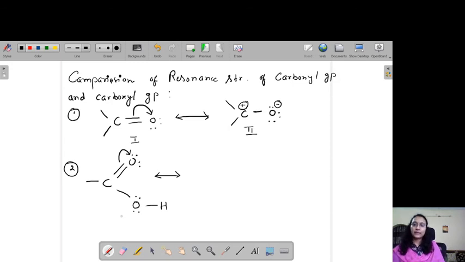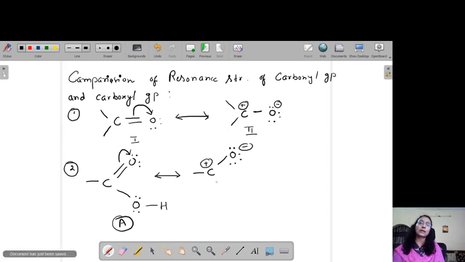This we can call structure A. The second, that is structure B, because of the shifting there will be a partial negative charge over the head of the oxygen, and there will be development of partial positive charge on the carbon. This oxygen will carry 2 lone pairs of electrons, which in turn is linked to the hydrogen.